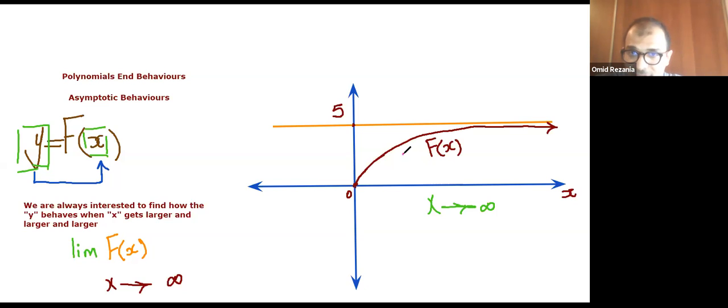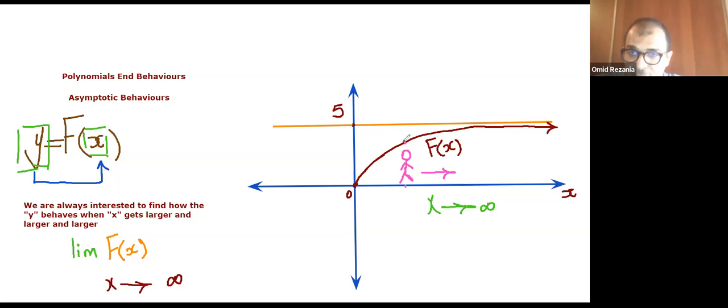For example, look at this. This person here is going to be me. On the x-axis, I'm just running along the x-axis towards this direction. And at any point where I am, I'm looking up to find the value of the function. For example, if I'm standing here and I look up, just right above my head, you see this point?